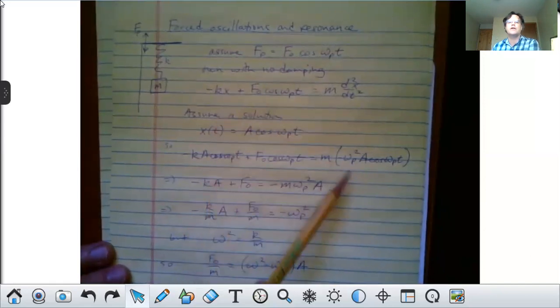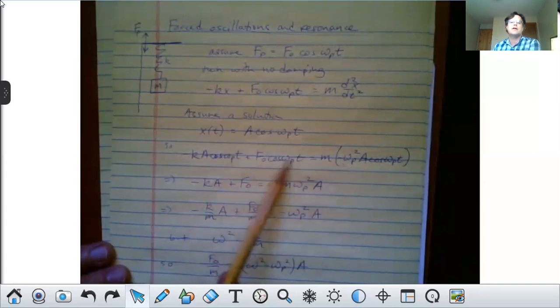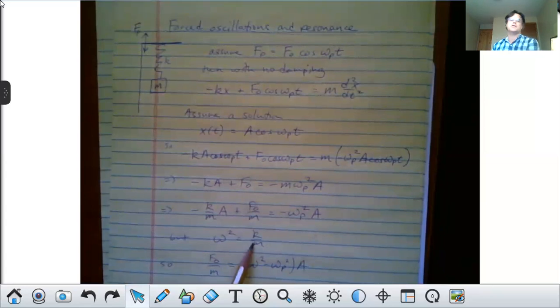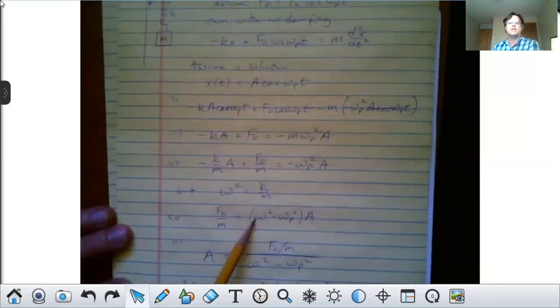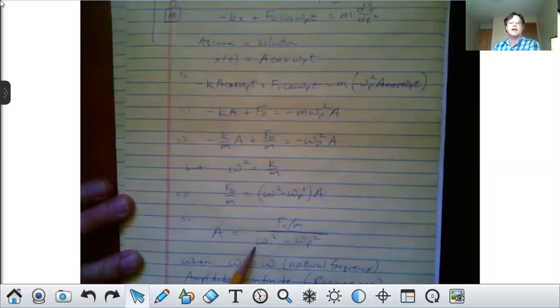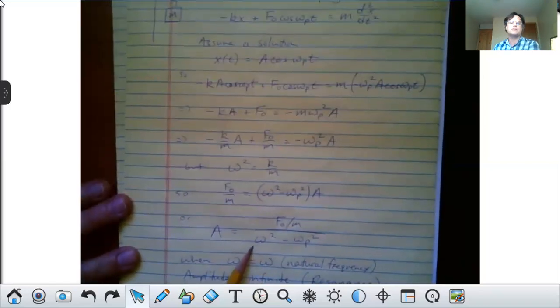Taking two derivatives, I pull out a negative m omega p squared. You find all the cosines cancel, and I get an equation like this that I can solve for my amplitude. So dividing by m, doing a little bit of algebra, and using that omega squared, my natural frequency squared, is k over m, I eventually get an equation for the amplitude that looks like this.